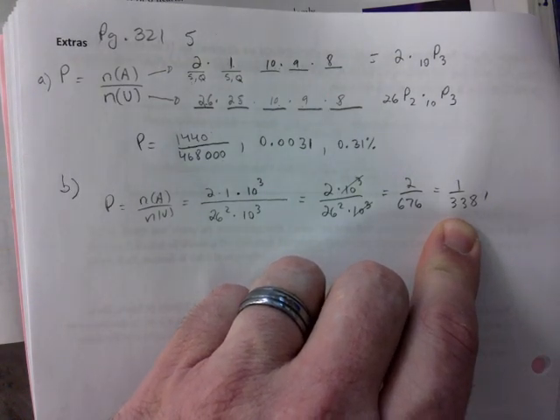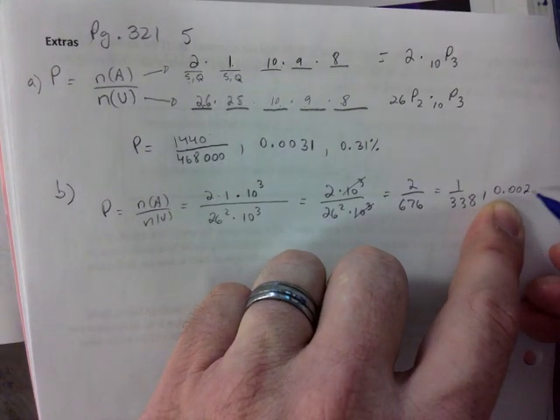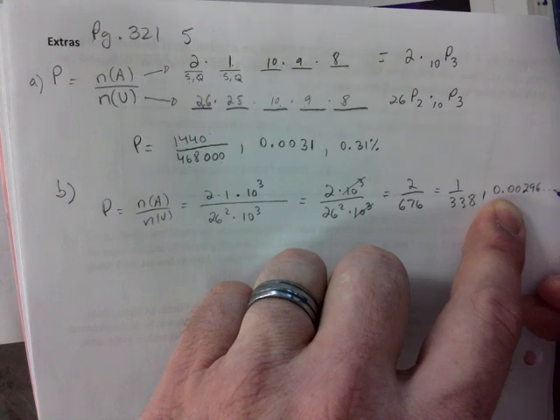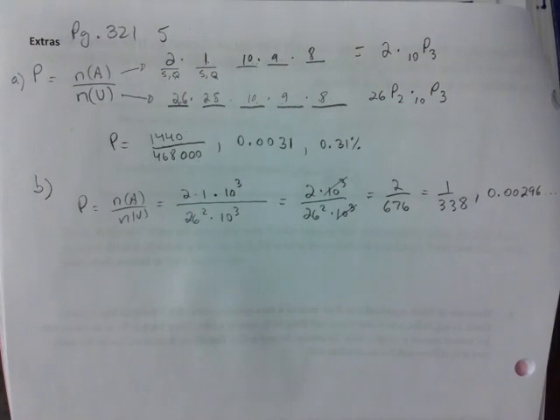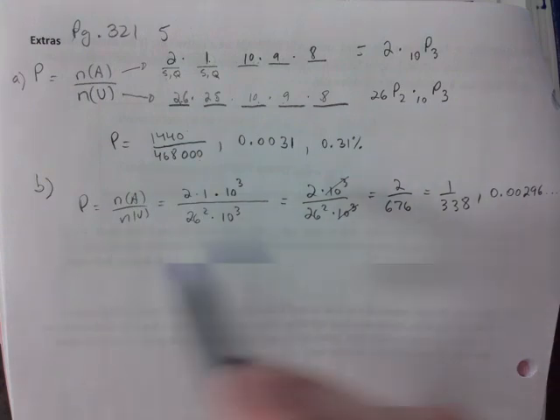I'm just going to double check. Yeah, 0.00296. This keeps going, but 4 decimals would be okay there. So that's how you come up with this part.